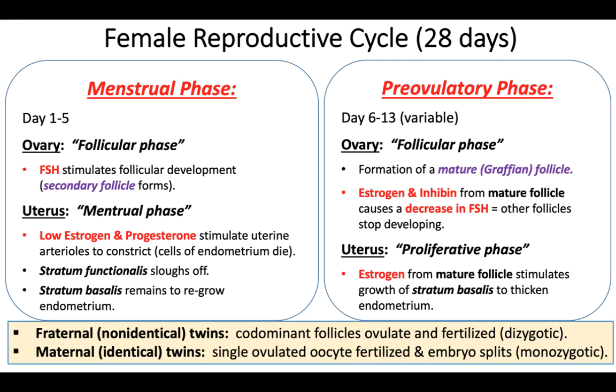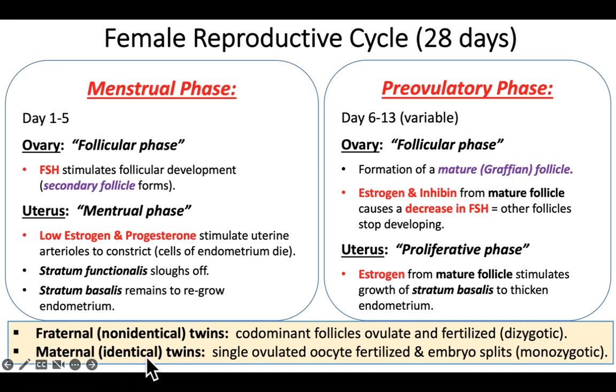So the two eggs that were ovulated are genetically different. The two sperm cells are genetically different. So the two embryos are going to be genetically different, all right? Non-identical or fraternal twins. We often call that dizygotic because we form two separate zygotes from two separate eggs and two separate sperm.